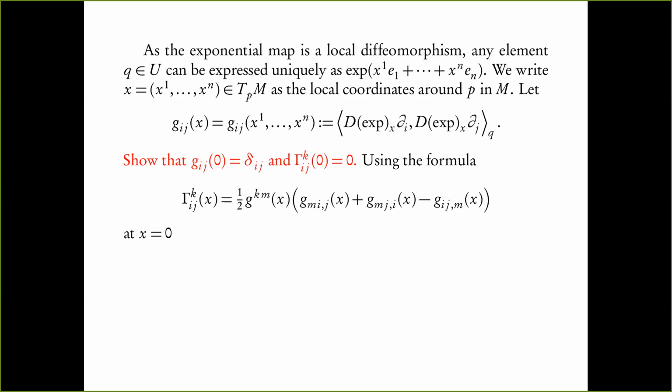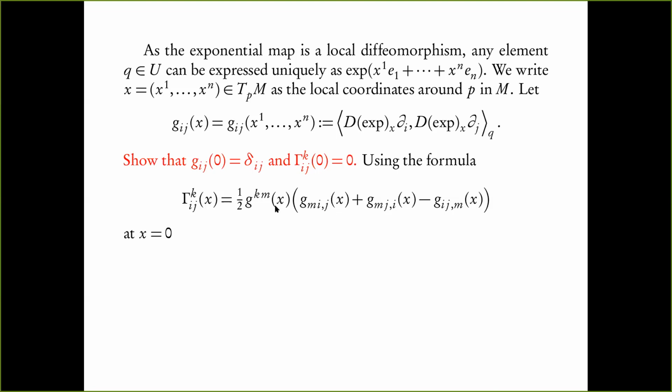So what can we do? Well, we can use what the Christoffel symbols are, and let me recall what they are. This is half the inverse of the matrix G, and then there are some derivatives. So this means del by del J of GMI, plus del by del I of GMJ, minus del by del M of GIJ. Okay. So what we could do is evaluate this at x equal to 0.